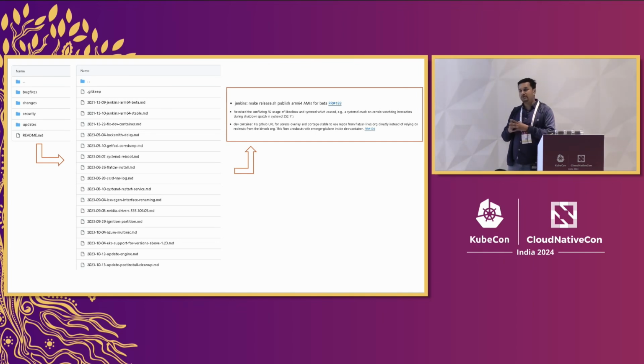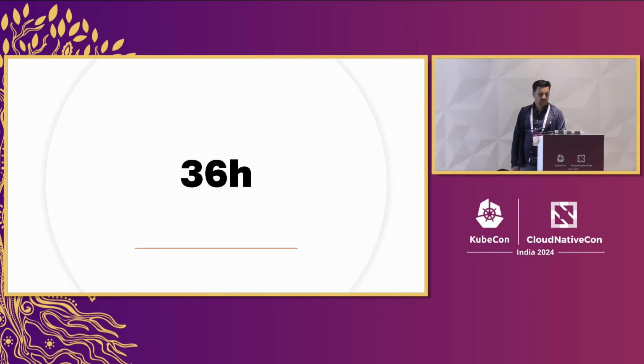Once we are doing the release, Jenkins directly spits out a diff of what went in, and we have the changelog ready. So this was very reliable. It took a couple of iterations, but the concept is so simple that in one or two passes we got it right. And then we dropped down to 36 hours.